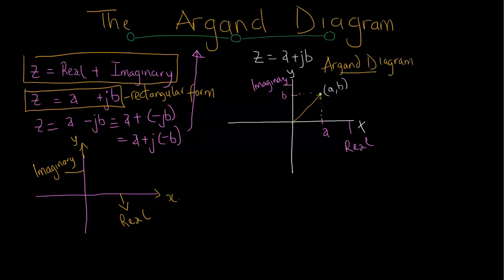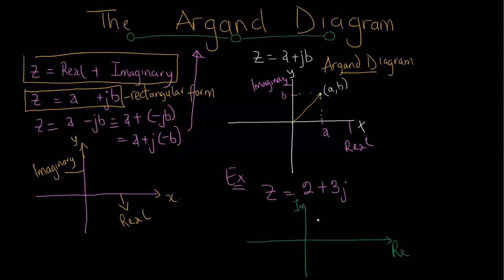So this is an Argand diagram, which of course is a way of representing a complex number on the Cartesian axis. So for example, if we intend drawing a complex number z equals 2 plus 3j on the Argand diagram, I'm just going to have the imaginary axis, the real axis. So this is real, this is imaginary.